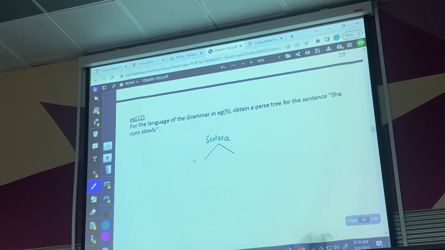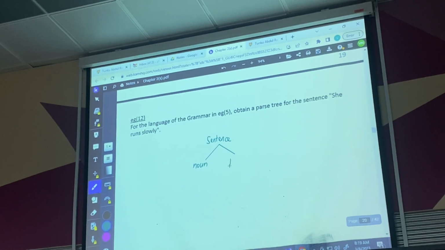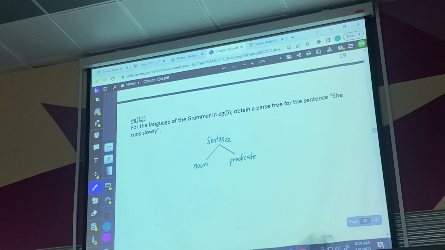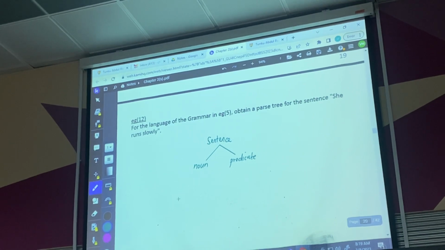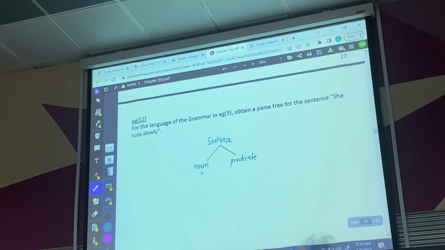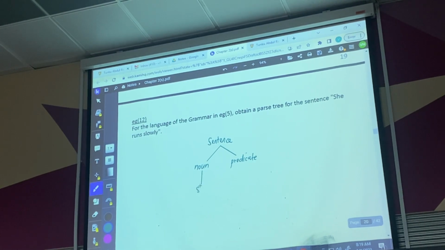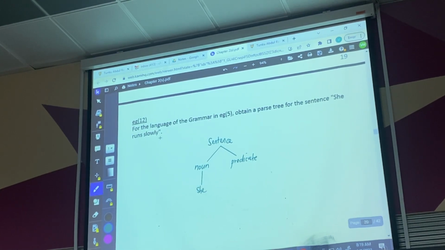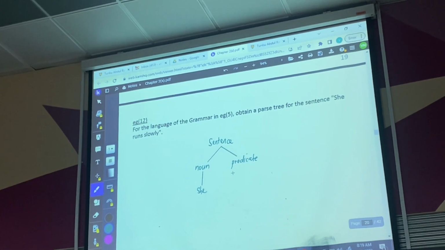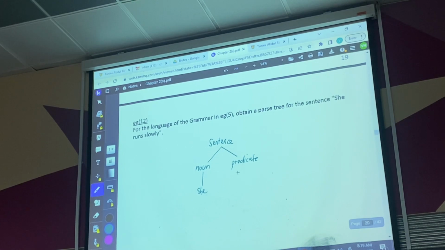Sentence we can represent with these two components, noun and predicate. You are already very familiar with this, right? Two parts here. And now you can substitute. Because the sentence we want now is "she runs slowly", we need to substitute the noun with the word "she".